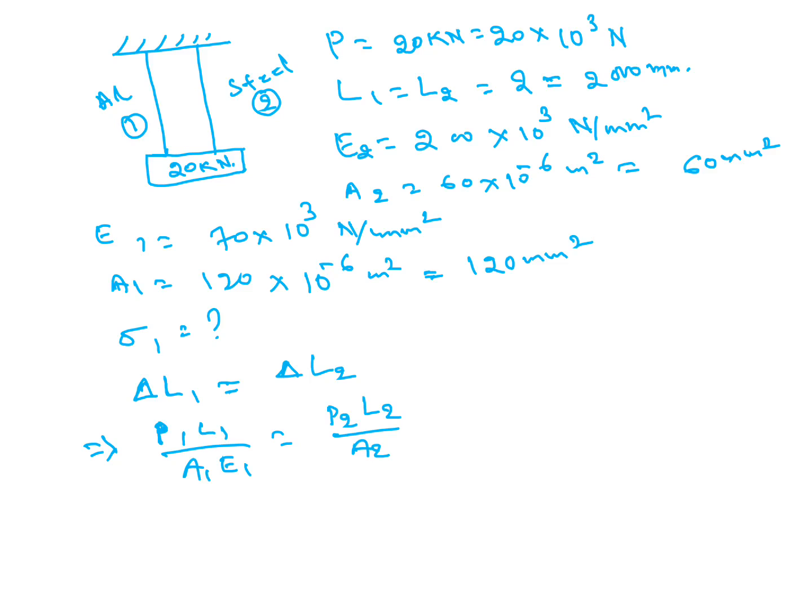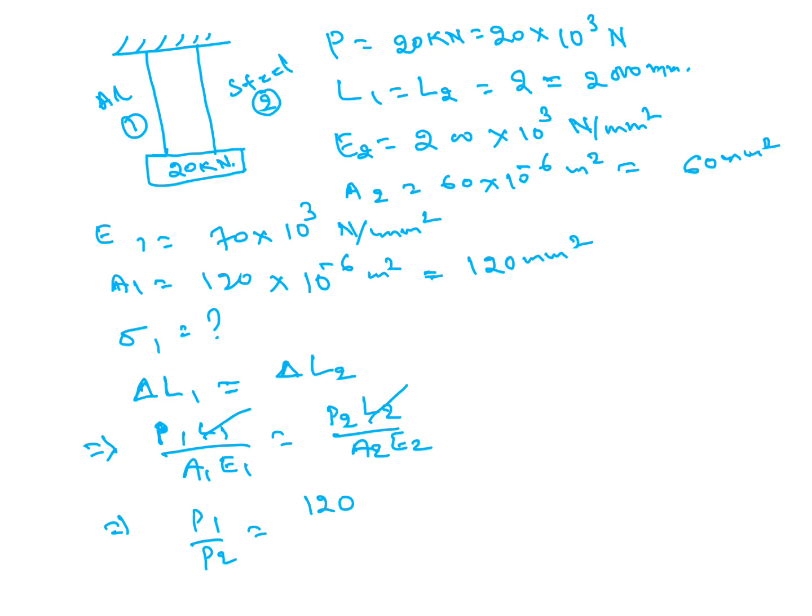L1 L2 both are same. So P1 by P2 equal to A1 E1 by A2 E2. A1 how much? 120 into 10 power minus 6, and 10 power minus 6 on both sides will cancel.